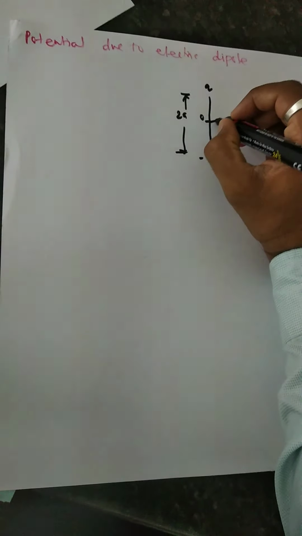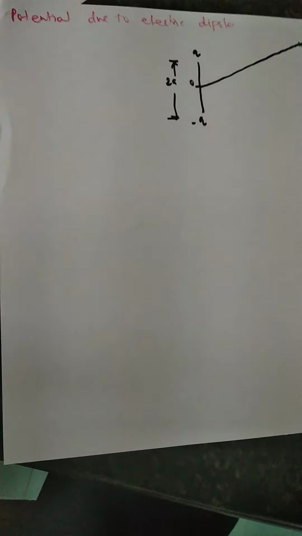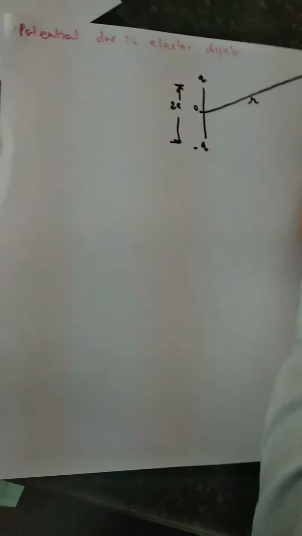Now from this dipole, at a point P, which is at infinity and at a radial distance of r, a unit charge q is there.